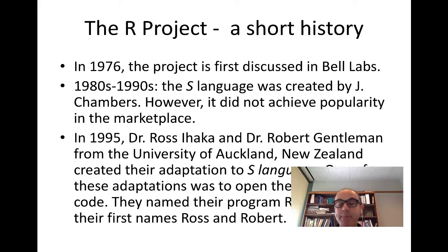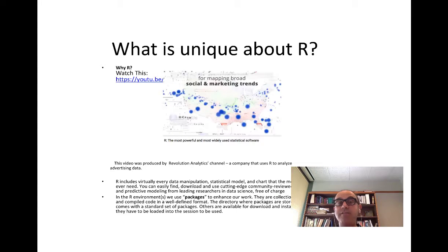And so in 1995, two professors from New Zealand, Ross and Robert, adopted this language S and created their own language, which they called R, based on their first names, Ross and Robert. And that was the foundation of R.